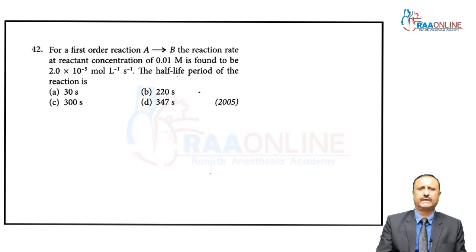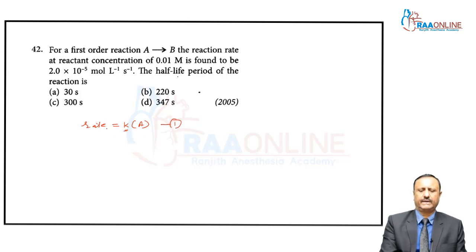Here question number 42, my dear students, for the first order reaction A to give B, the reaction rate at reactant concentration of 0.01 molar is found to be 2 into 10 to the power minus 5 mole per liter. The half-life period of the reaction is. Here you can calculate that this rate is equal to K into concentration to the power A. This is the formula number 1, and you can find out the K from this.